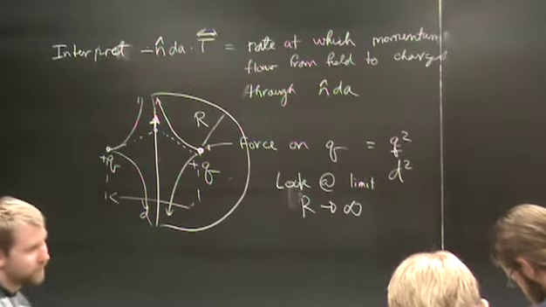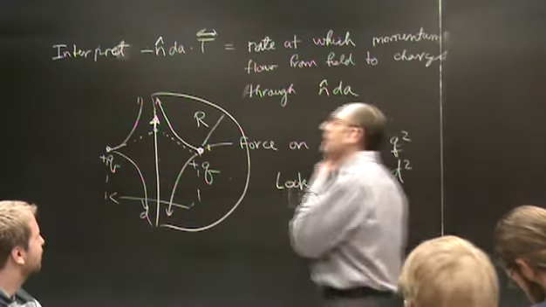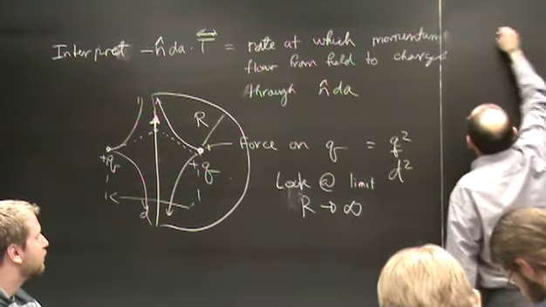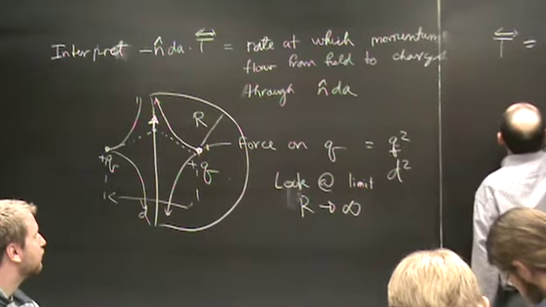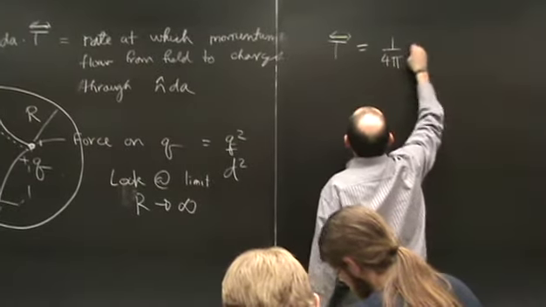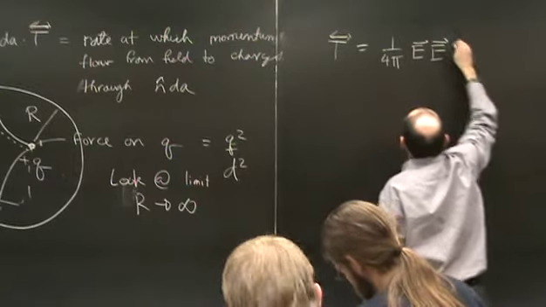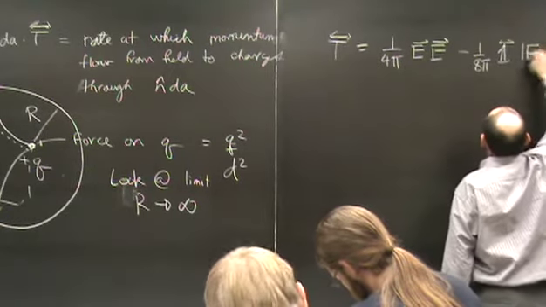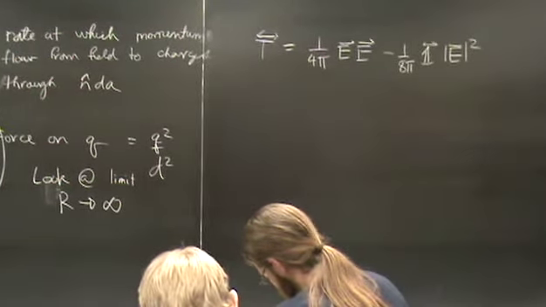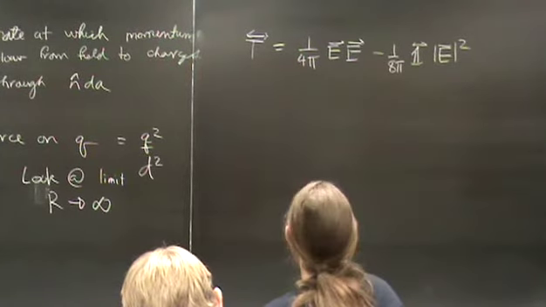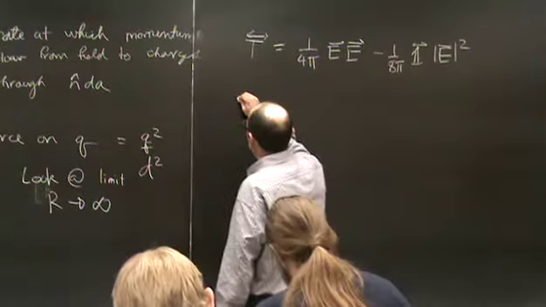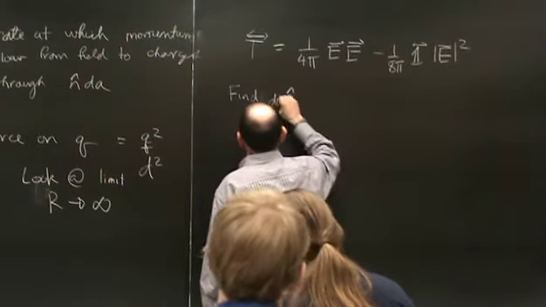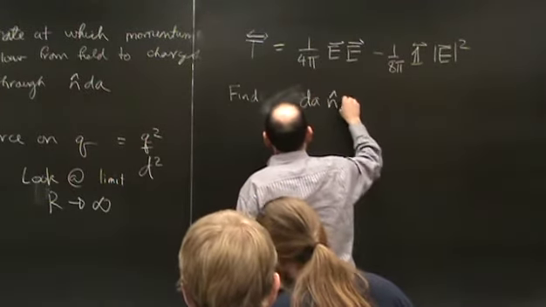All right, so first of all we ask ourselves, what is the stress tensor? Well, the stress tensor is equal to 1 over 4 pi E E minus 1 over 8 pi, the identity tensor, E squared. Okay? So, we need to calculate first of all n hat times dA dotted into the tensor.